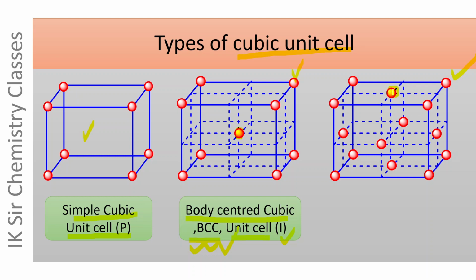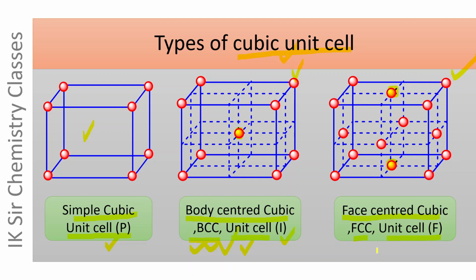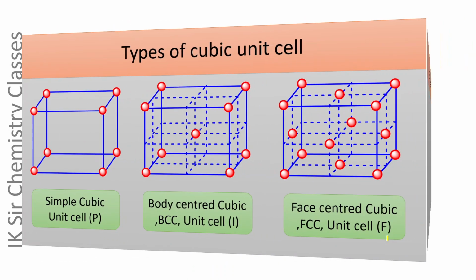The top face is occupied by a particle and the bottom face is also occupied by a particle at the center, and the 4 vertical faces also have a particle at their center, and hence it is a face centered cubic FCC unit cell, denoted by F. There are 3 types of cubic unit cell: simple cubic, body centered cubic and face centered cubic unit cell.